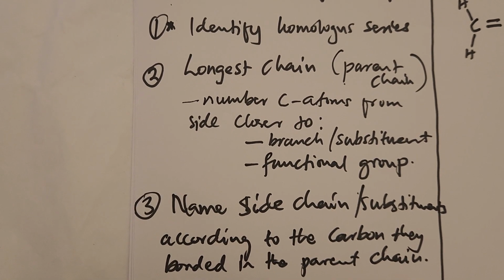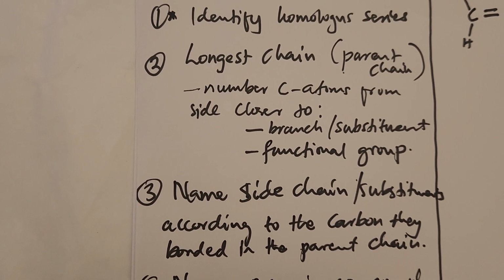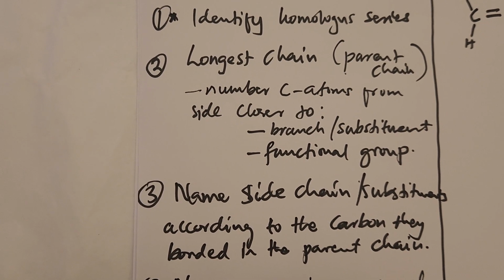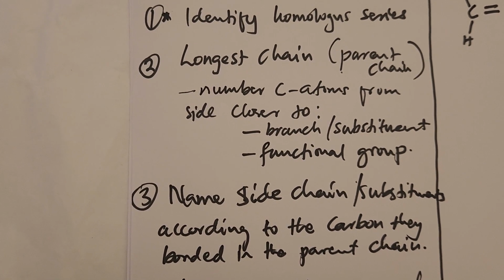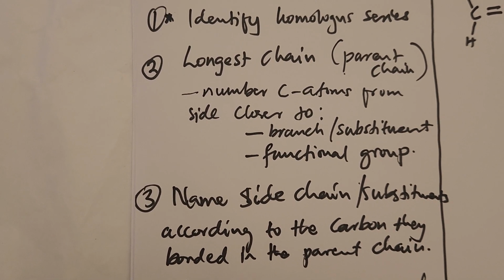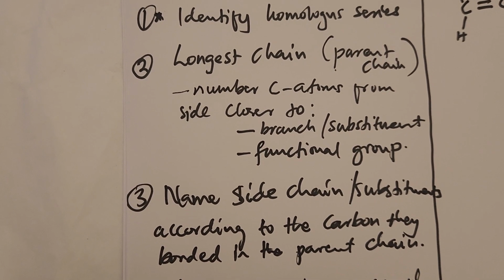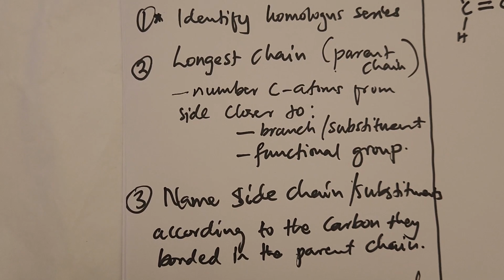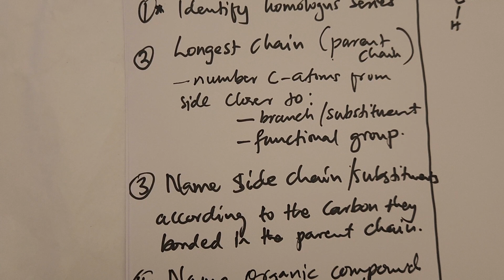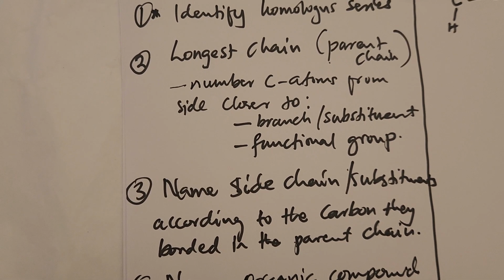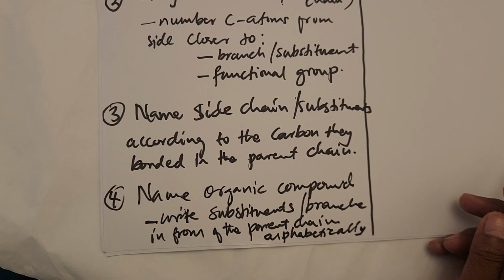You write the substituents or branches in front of the parent chain, and where possible you follow alphabetical order, meaning that if you've got more than one substituent, you are forced to follow the alphabet.